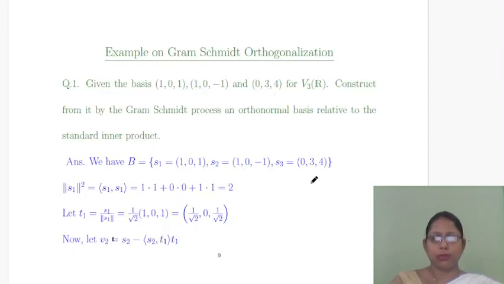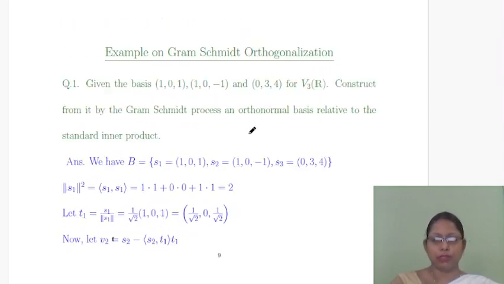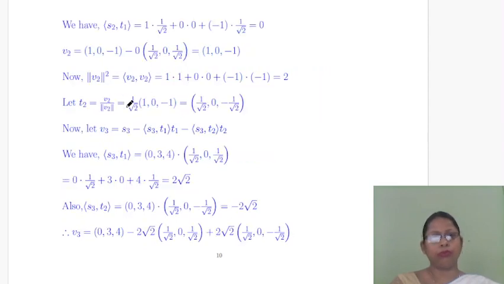S3 is this value 0, 3, 4, and T1 is this value 1 by root 2, 0, 1 by root 2. So put this value: multiply this element with this element, add the multiplication of the second two elements, add the multiplication of these two elements. We will get 2 root 2 on simplification.